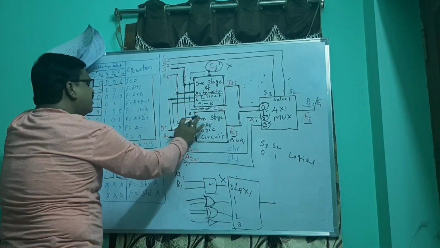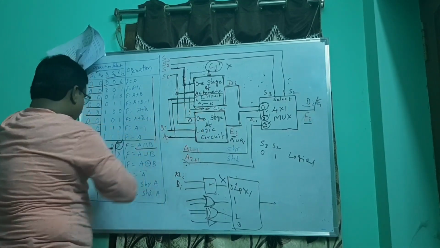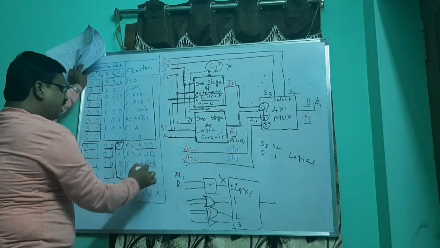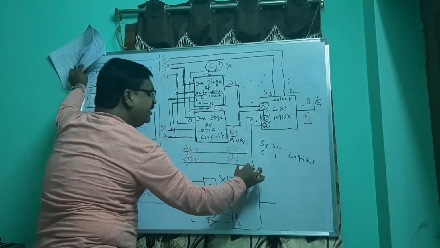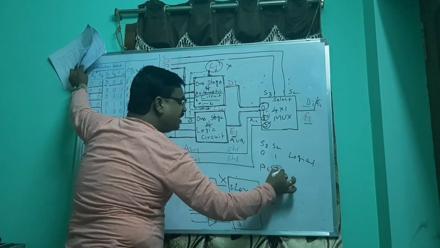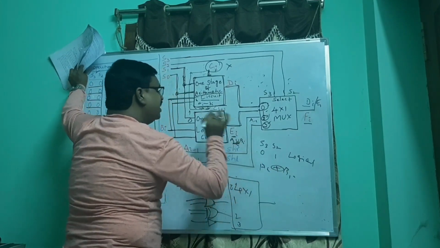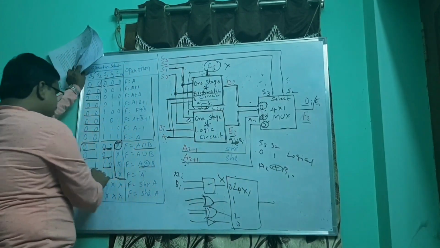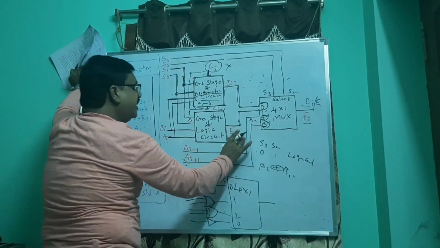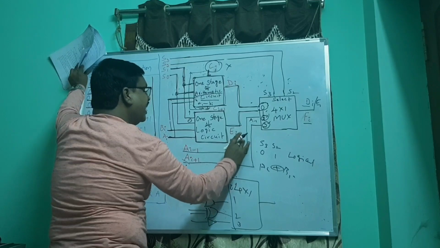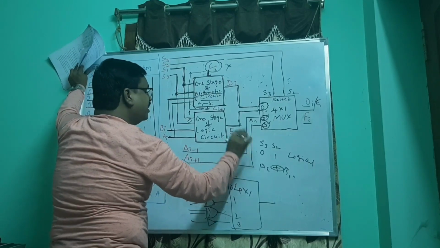Now, if it is 1 and 0, here XOR operation, so A_i XOR B_i will be given as E_i. And if it is 1 1, B_i does not work out, only A_i will be there. So the complement of A_i will be given here.